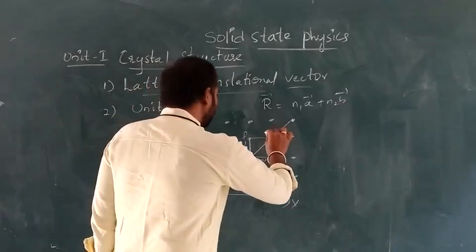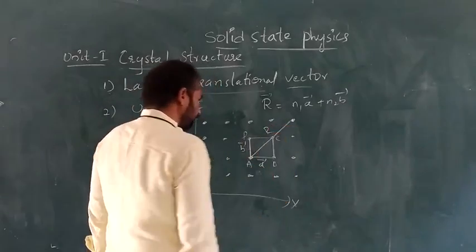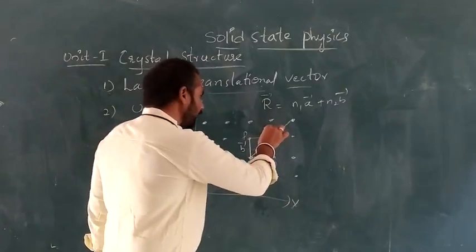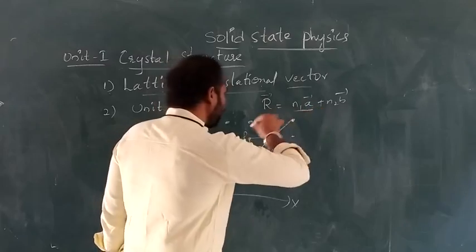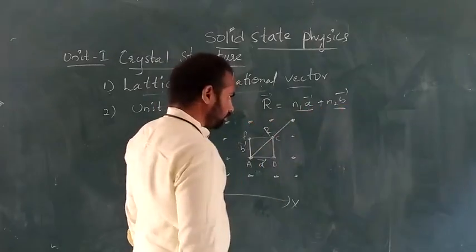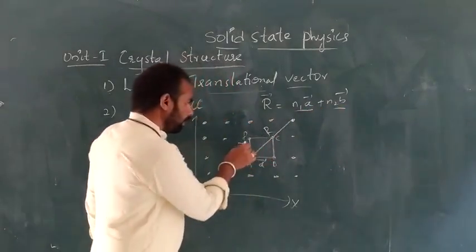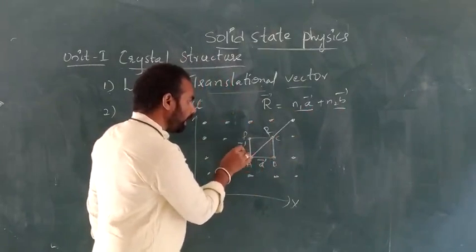This is the position vector R. This position vector R is represented by N1 A bar plus N2 B bar.